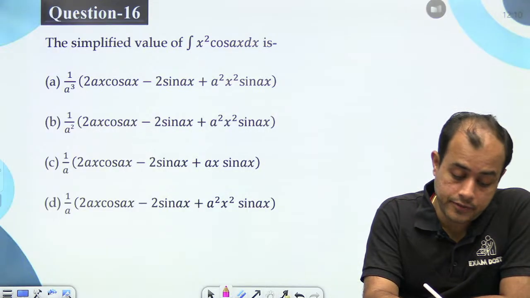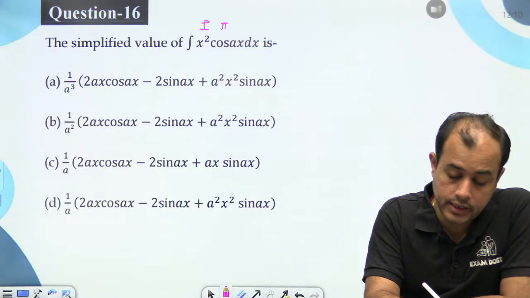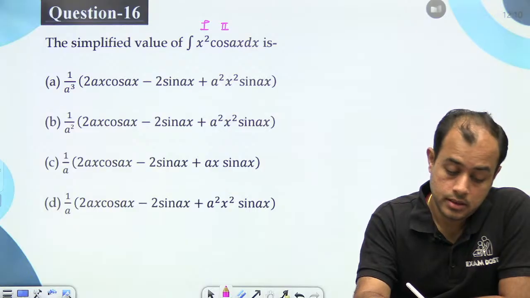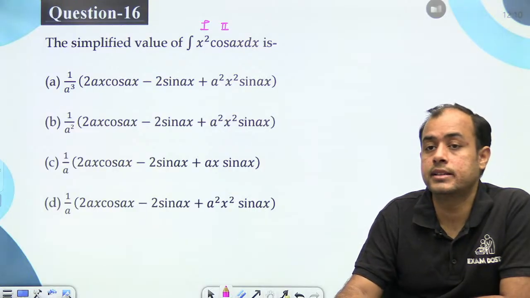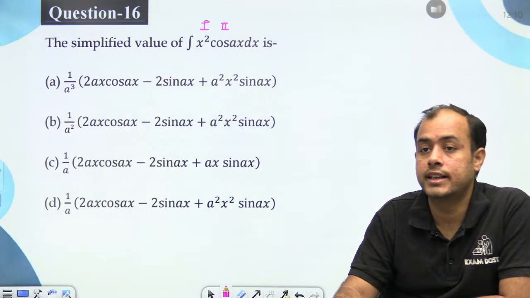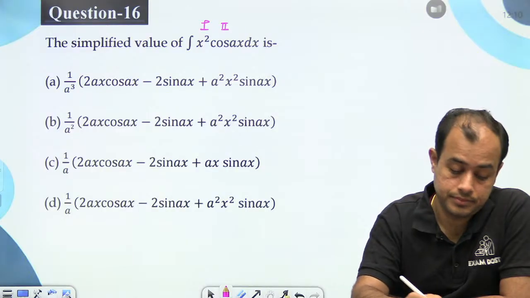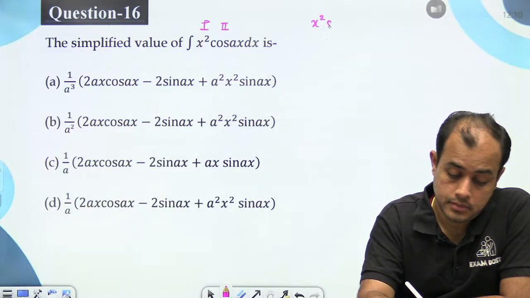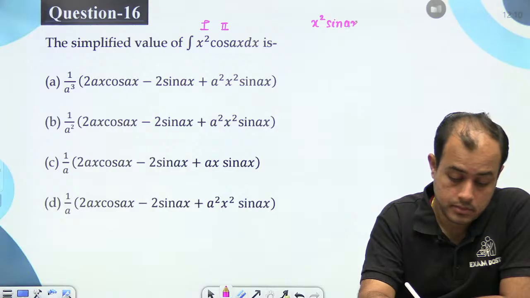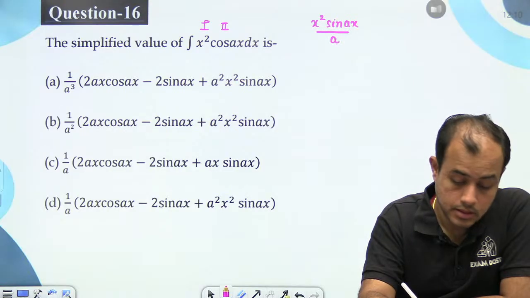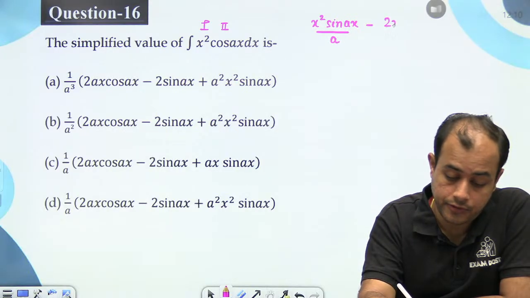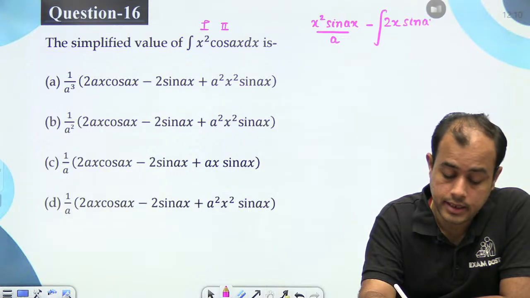This is algebraic function, first function, second function. So what will happen is first function integration of second minus derivative of first integration of second integration.